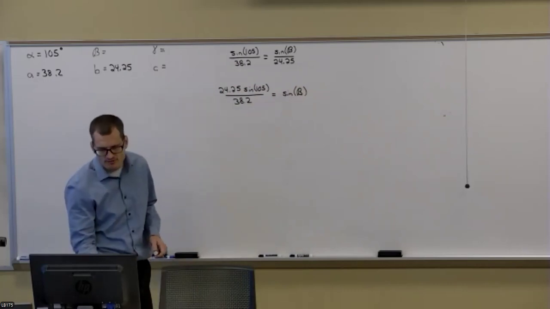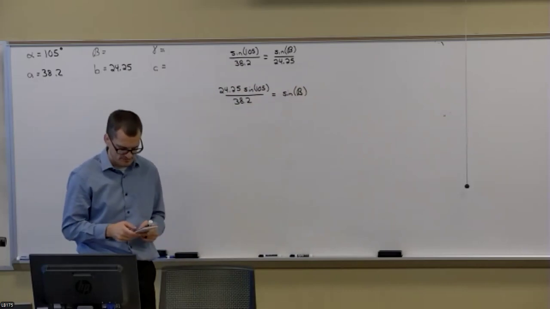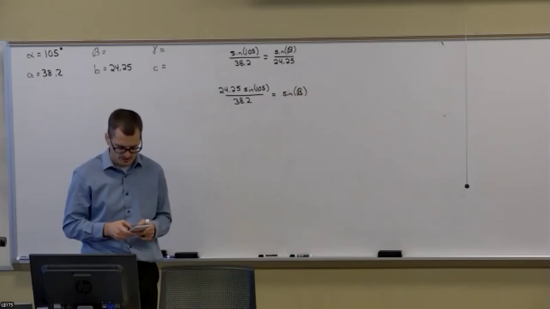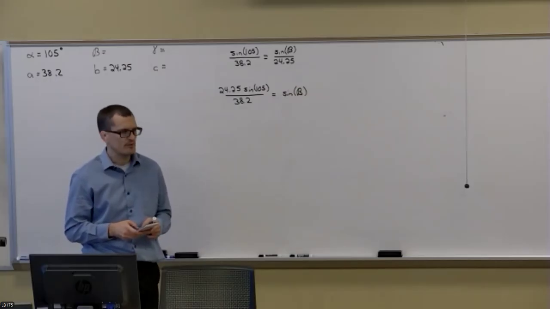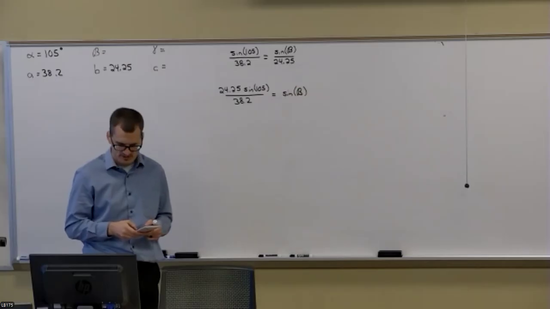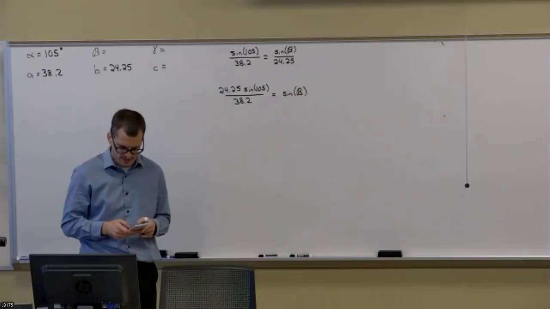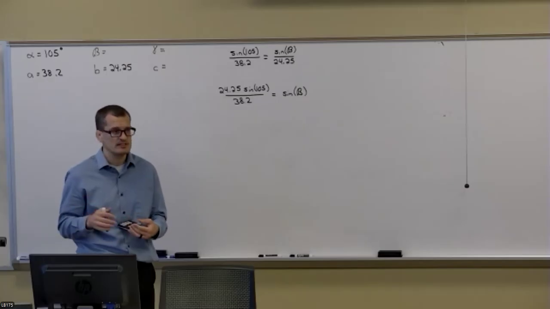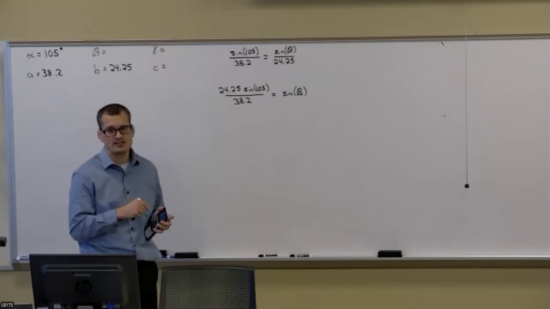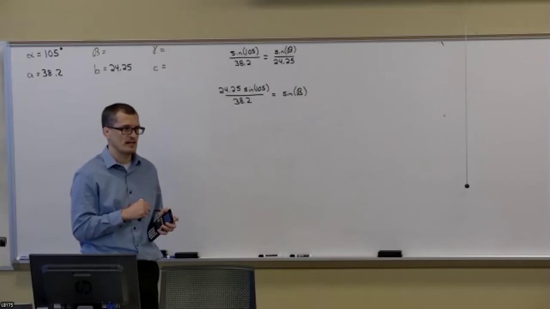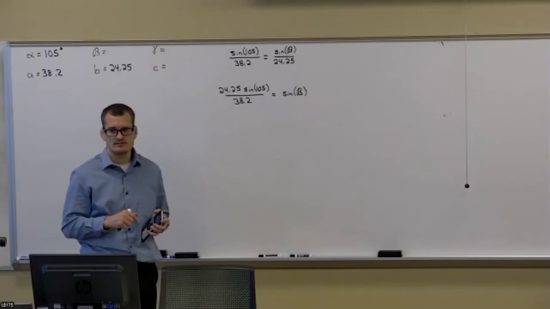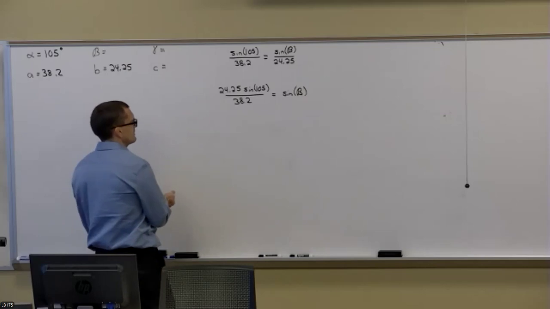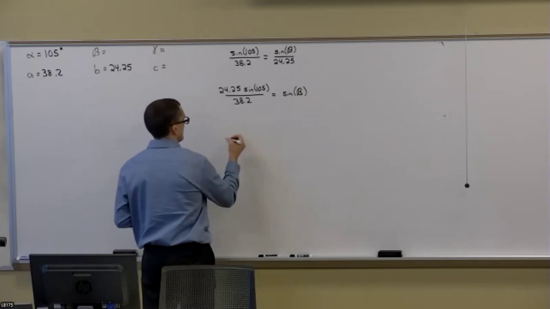Now, so that I don't have to write so much, I'm going to get an approximate value for that number on the left, rather than having to write 24.25 times the sine of 105 divided by 38.2. That's approximately 0.6132, roughly. I'll put the exact value in my calculator when I do inverse sine, but just so I don't have to write this.